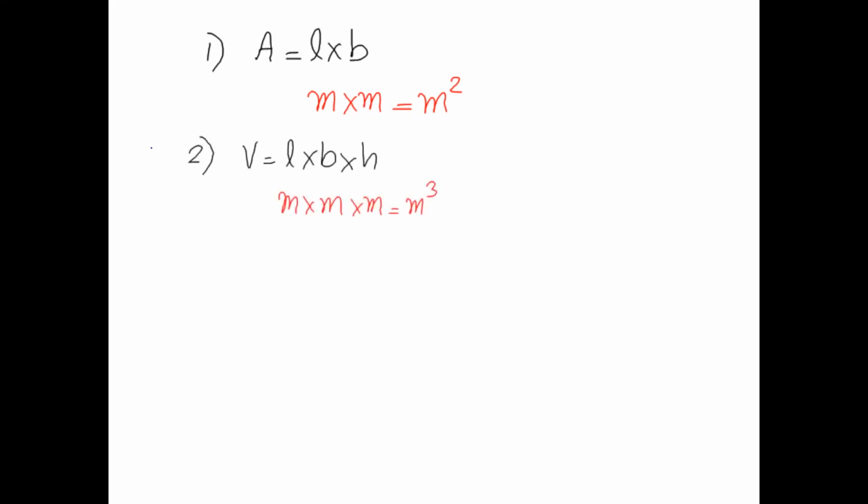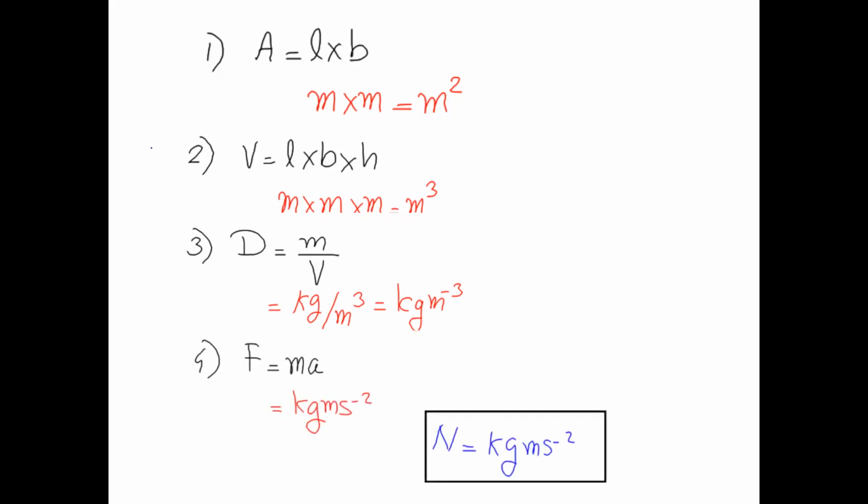I have shown the multiplication. This is a very important skill, that you need to understand how a unit appears: volume, meter cubed; density, mass upon volume; and then Newton for force is actually kg m s to the minus 2. You have to copy these examples.